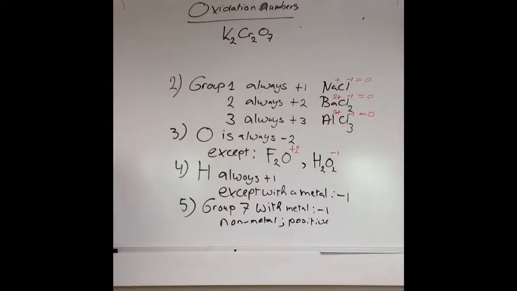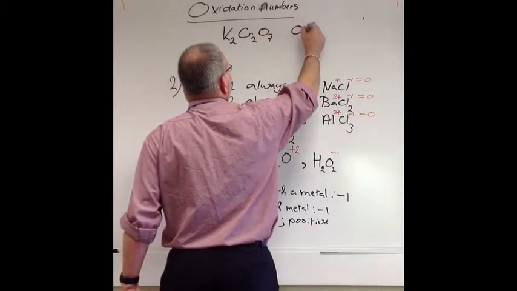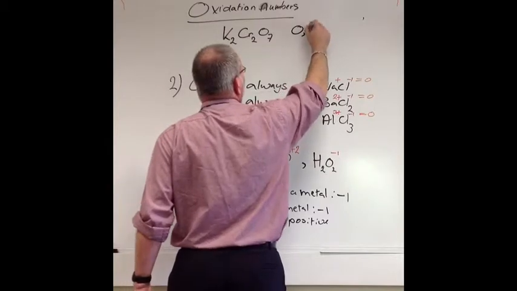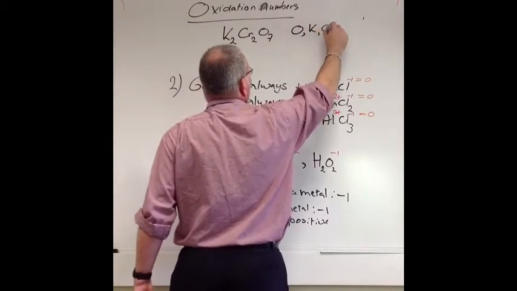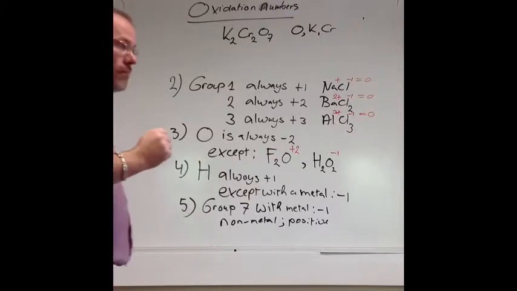And oxidation states are quoted per atom. So to give you some advice, you start here with either the oxygen or the potassium, and then you can solve the chromium. And I will just go through this example.